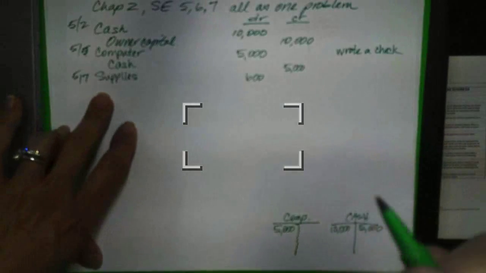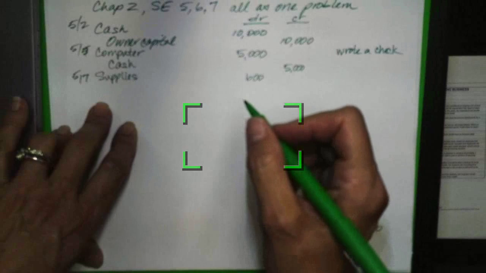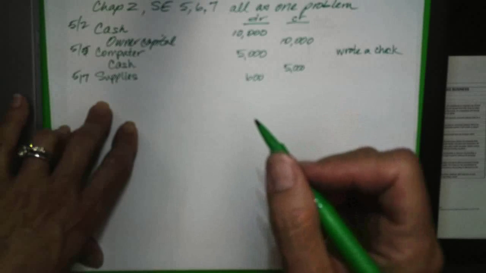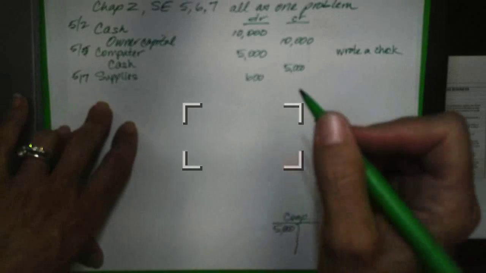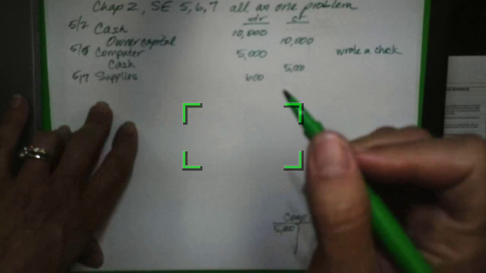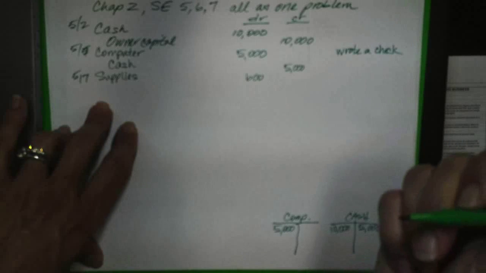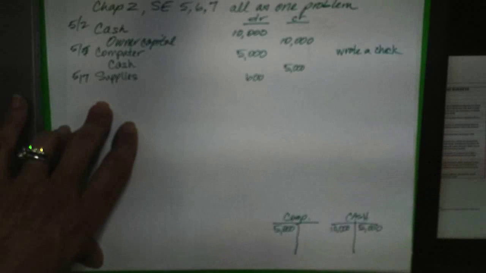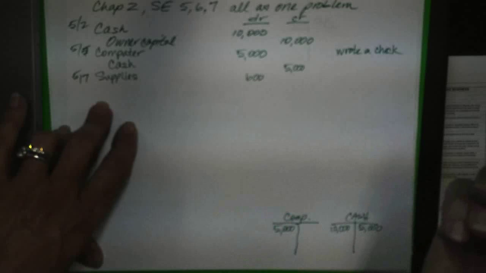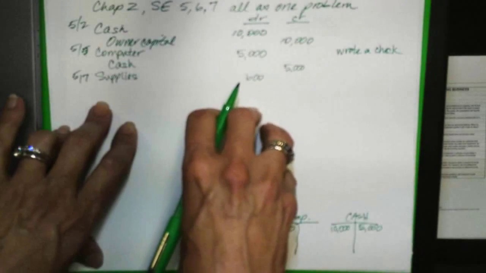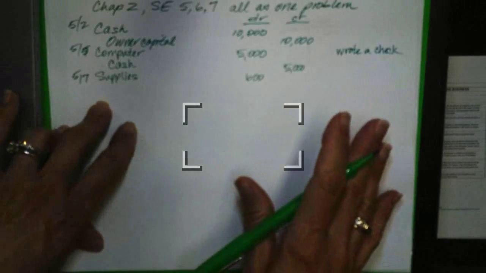Now, when somebody says they purchased something on credit, then what that means is they ordered the supplies, the company shipped the supplies and bills them, and we will pay later. Okay? So we owe people. We owe the company we got the supplies from. So we need to go ahead and record that we have them, but we're going to pay for them later.